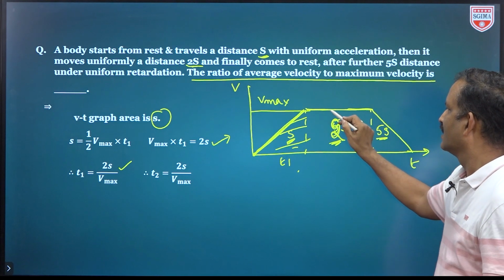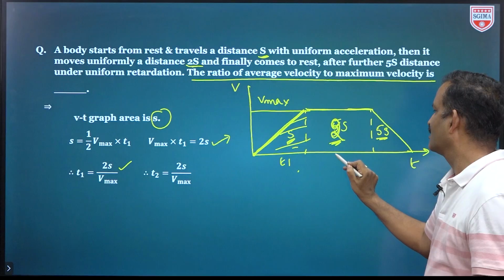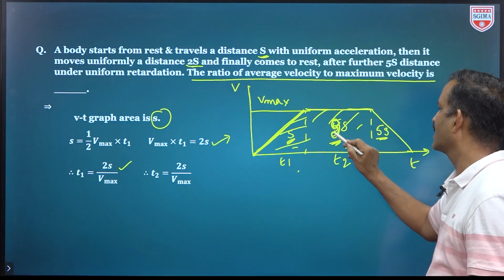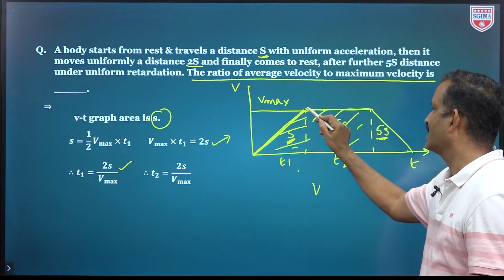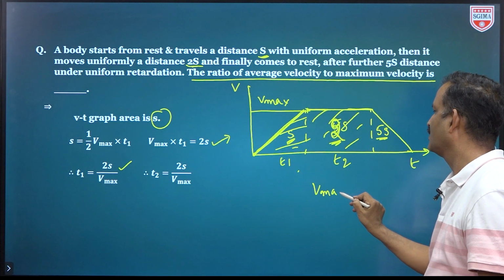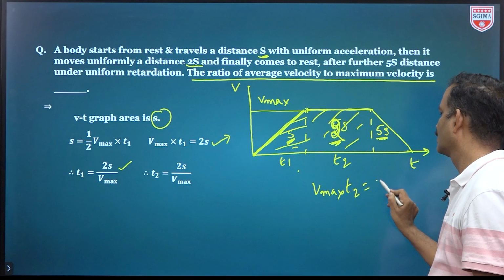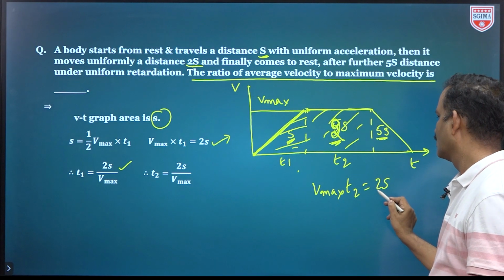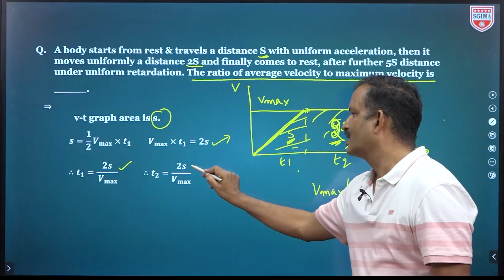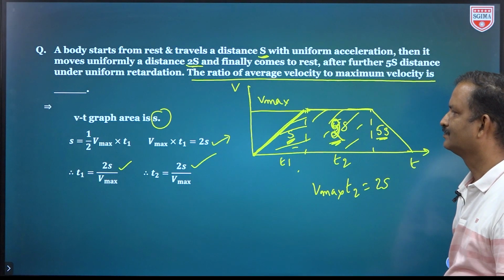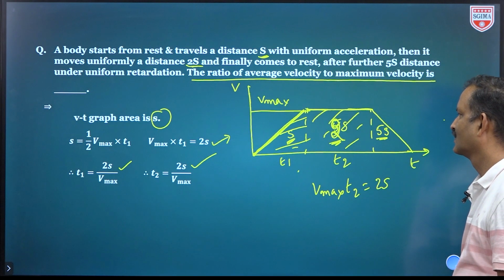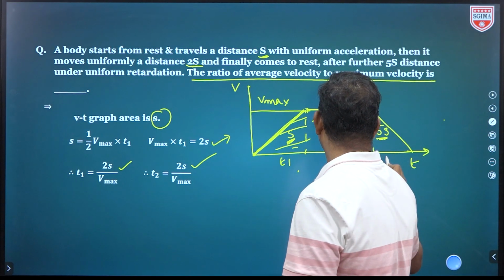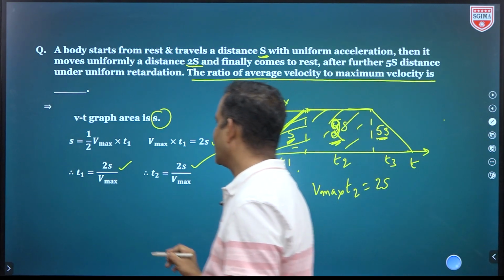Next, second one, this time is T2. This area is what? Height is V maximum into T2. So T2 is equal to 2s by V maximum. Next, this area, let us take this time is T3.